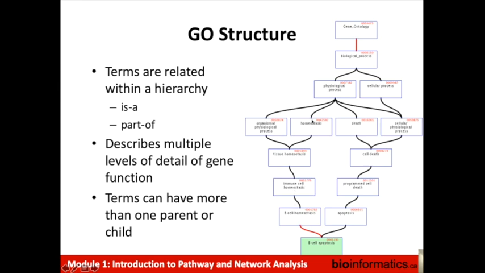So you get the idea of how these different relationships have different meanings, and the advantage of organizing all of these terms in this hierarchy is that it describes multiple levels of detail about gene function. Terms can have more than one parent or child, and that sometimes complicates gene ontology analysis, but it's just important to understand that.